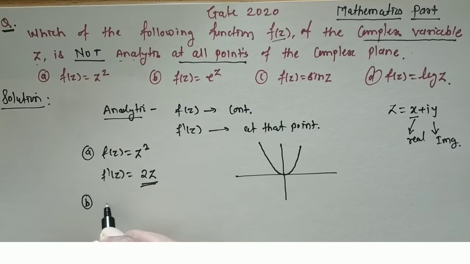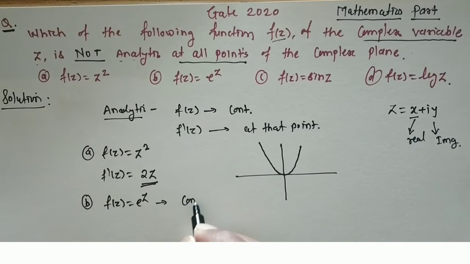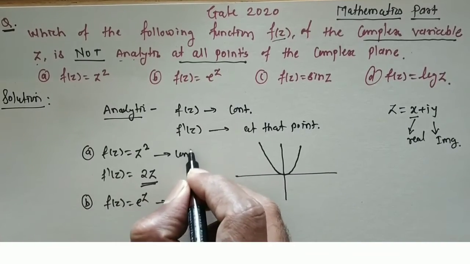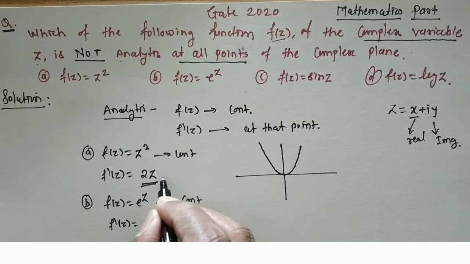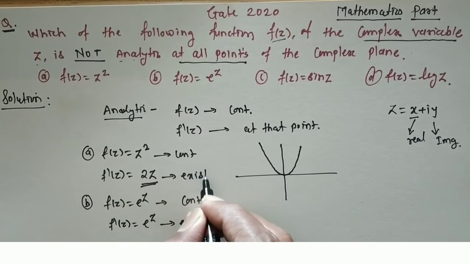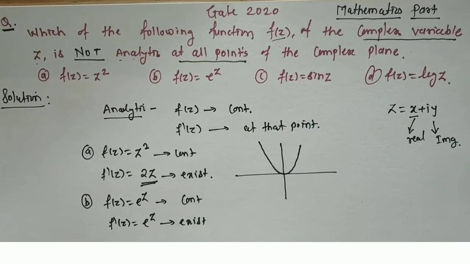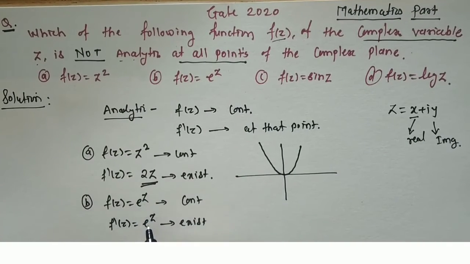The second function is f of z is equal to e raised to z, and we know that this is continuous. What is the derivative? f dash z is equal to e raised to z, which again exists, correct? Now the speciality of e raised to z is that e raised to z is an entire function.